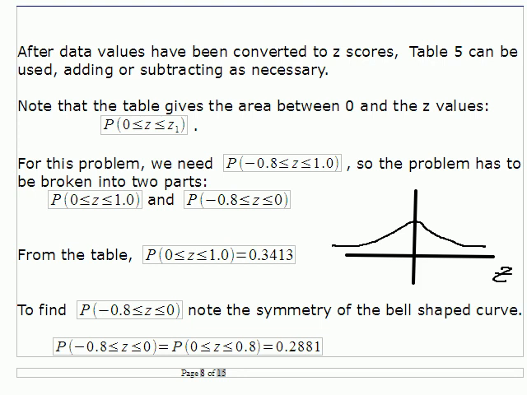What the table gives is the area between 0 and some value z1. So you look up the z1 and it's giving you this area.